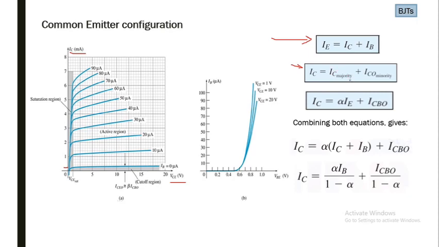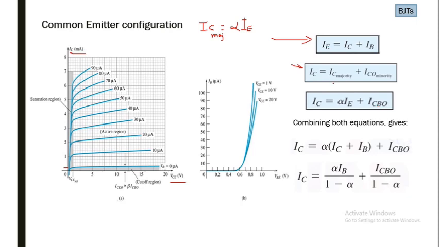So if we write IC majority in terms of alpha, then we know IC is equal to alpha IE. Here IC we mention here is the IC majority. So IC is equal to IC majority plus IC minority. We can rewrite this equation as IC is equal to alpha IE plus ICBO.